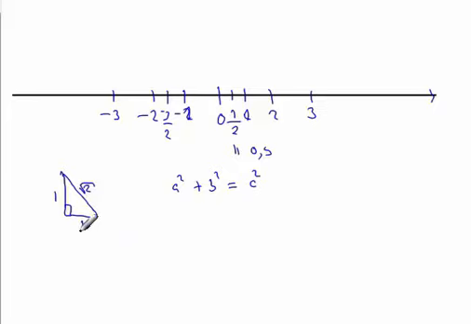If you want c here, you're going to say c is equal to the square root of a squared plus b squared. So similarly here, c equals the square root of 1 squared plus 1 squared, which is the square root of 2.